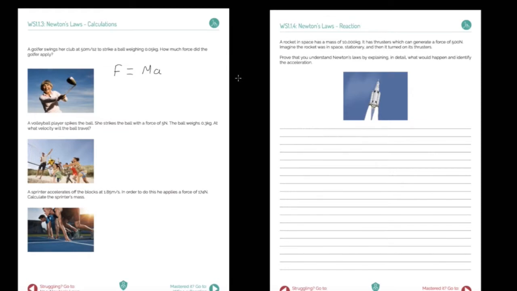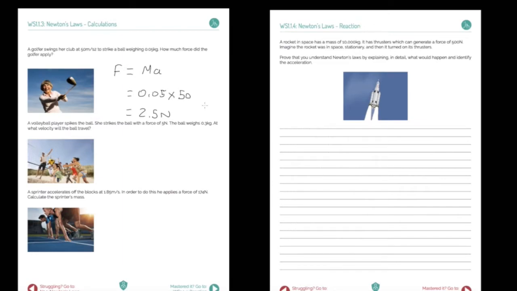So we're interested in the force, and now we can take the mass, 0.05, and we can multiply that by the average acceleration, and that is 50 meters per second squared. And we can multiply that. And if you've got a calculator, feel free to calculate that. But that is 2.5 newtons. Okay, so we've got this 2.5 newtons, which is the force applied in this environment.